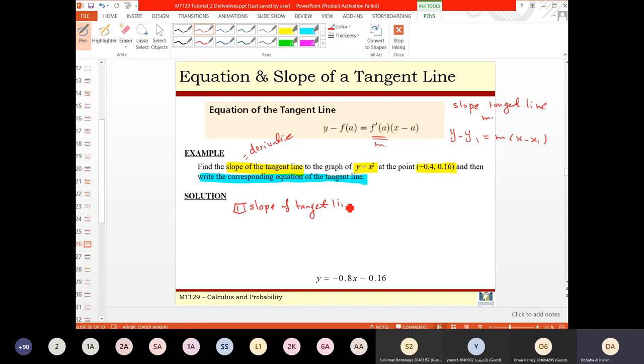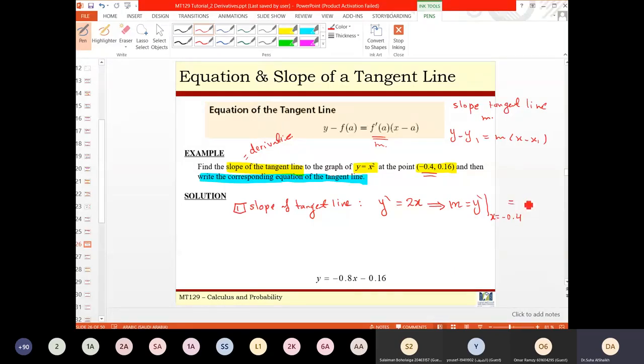So I have to find y dash, which equals in this case 2x, right? And from this, I get the y dash or the slope, which is m. It is nothing but y dash at the point, and the x. What's the x here? It's minus 0.4.